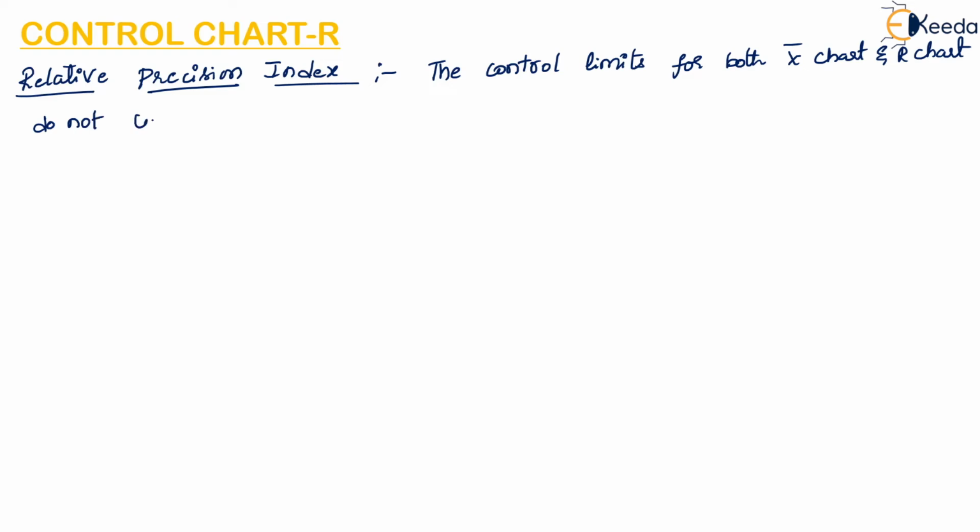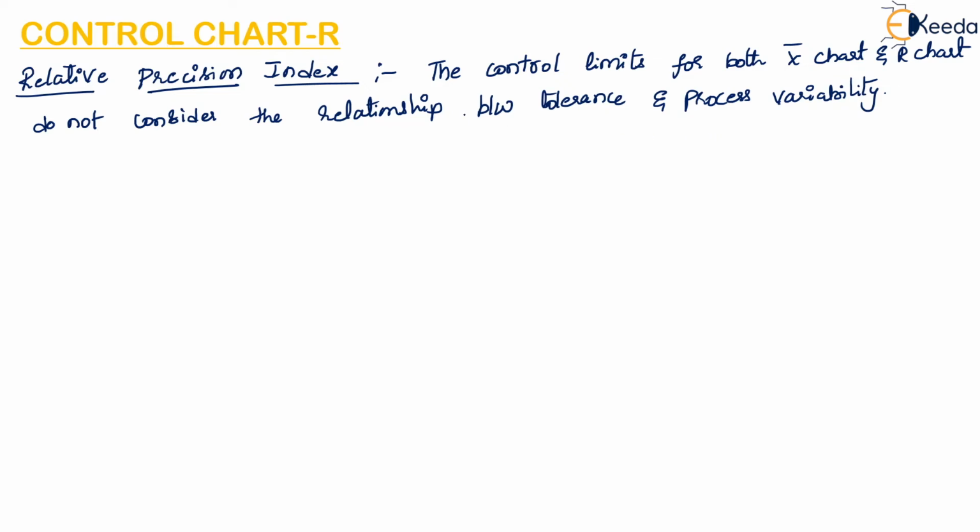The control limits for both the X bar chart and R chart do not consider the relationship between tolerance and process variability.